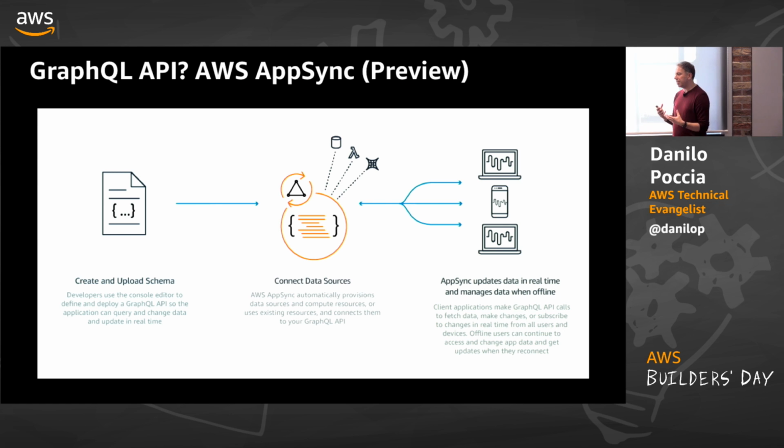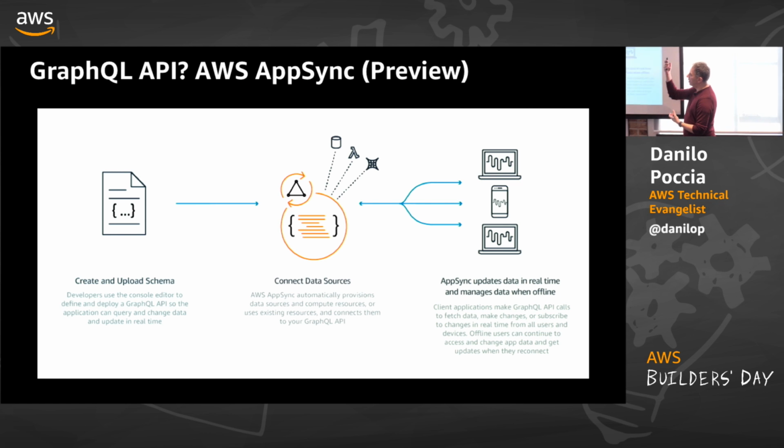And to make it available as a serverless service, we created this new service that is currently in preview. So you need to be accepted in the preview if you want to test it. It's called AppSync. And it can help you create real-time backends that can also work offline. So the flow with GraphQL is that you can create a schema. With REST, there is no concept of schema, but here you can really define how you want to manage your data.